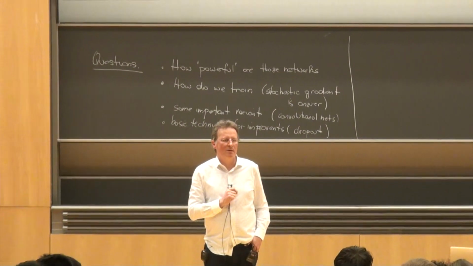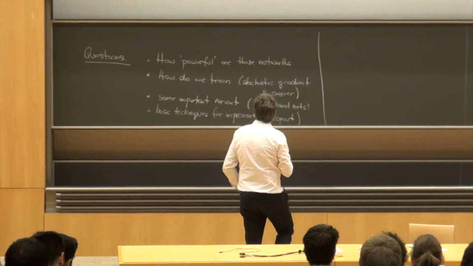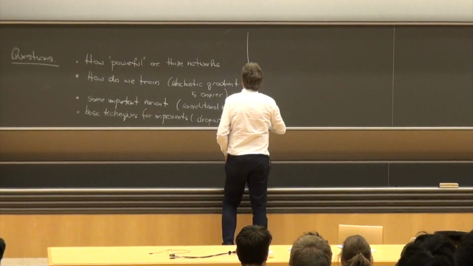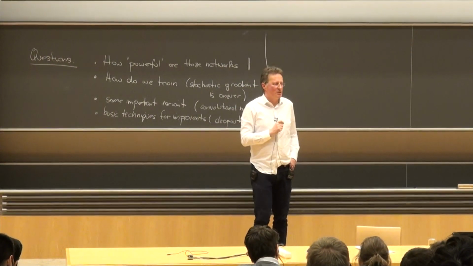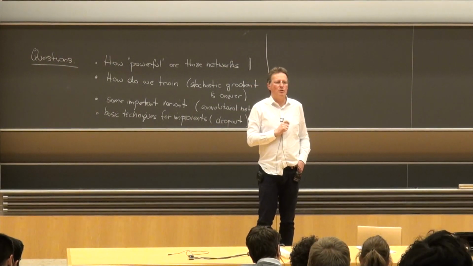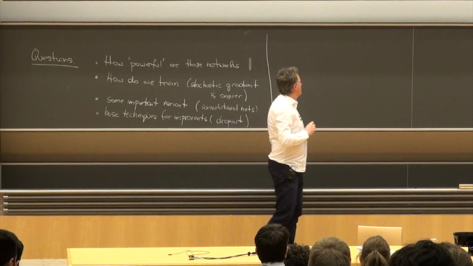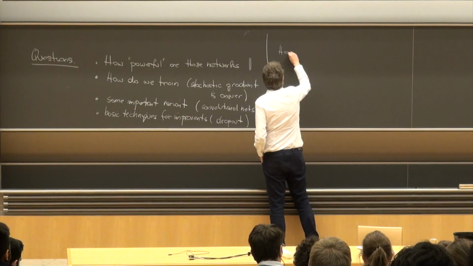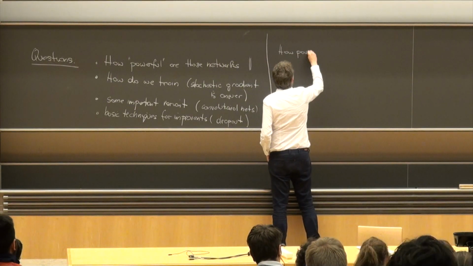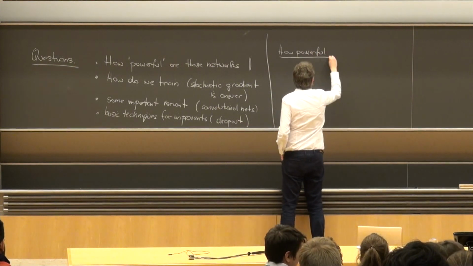Maybe we do a few other things. Since we still have 10 minutes, let's start right away with the first question, and let's think a little bit about what such networks can do in terms of representation power. How powerful are they?